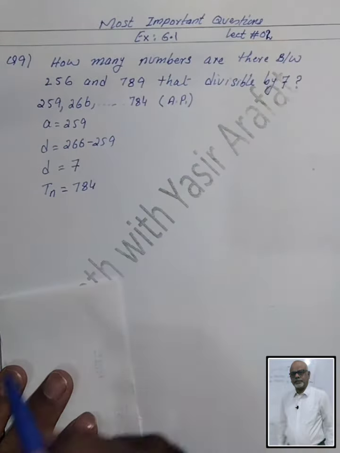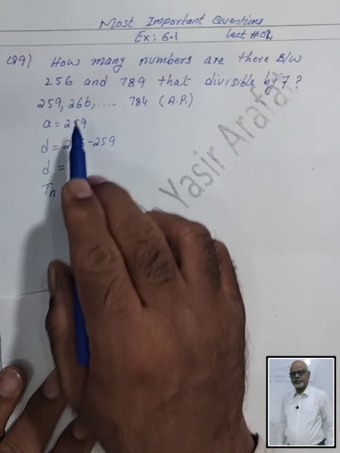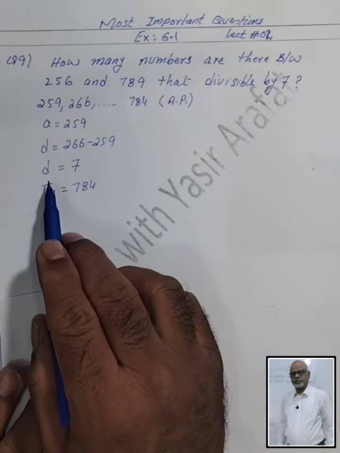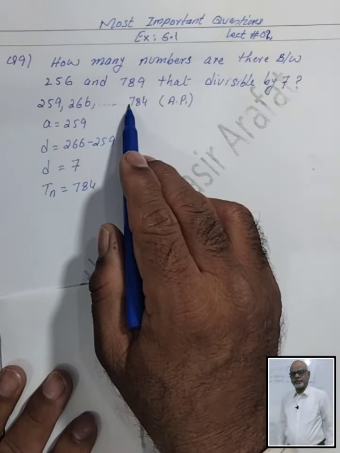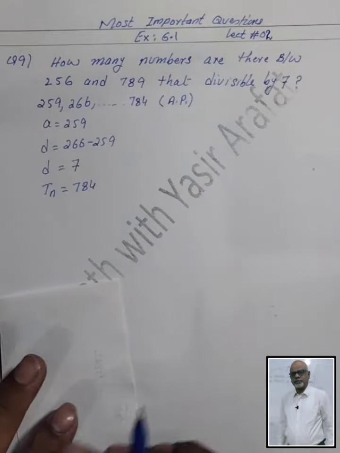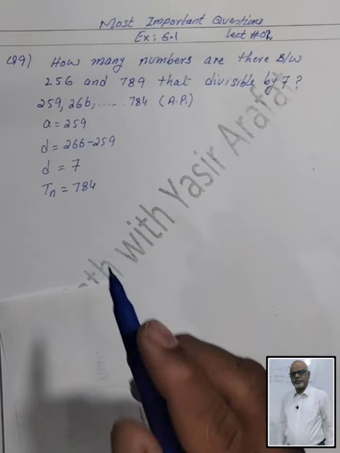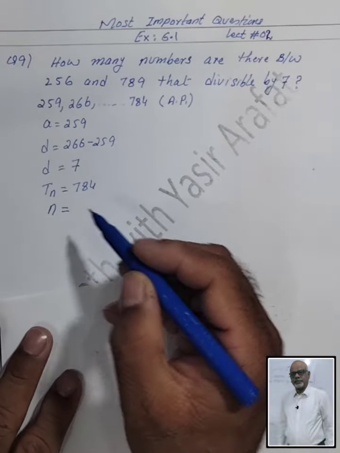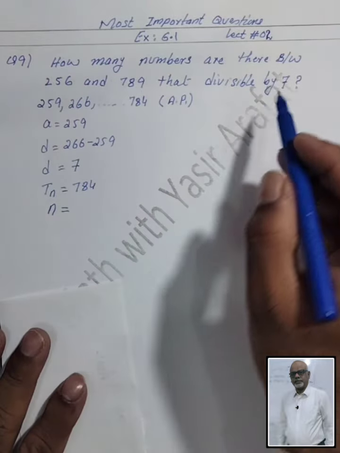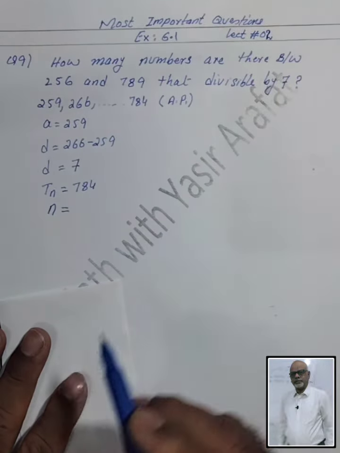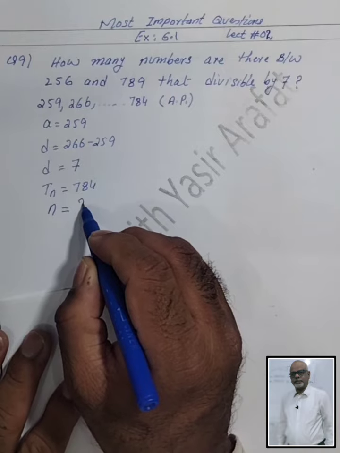A is the first term of the sequence, and D means the difference between two consecutive terms. We have to find the total number of terms divisible by 7 between 256 to 789. So we have to find n here.